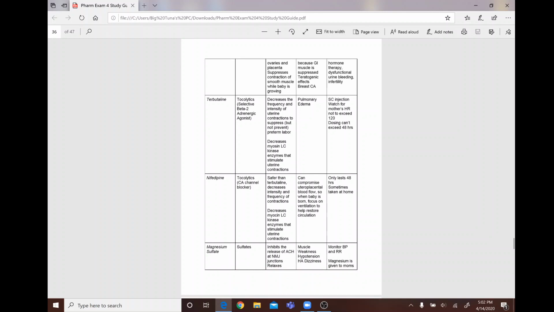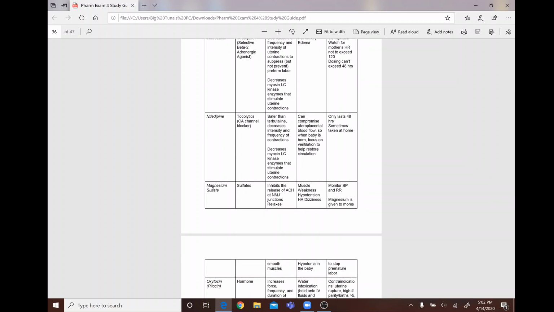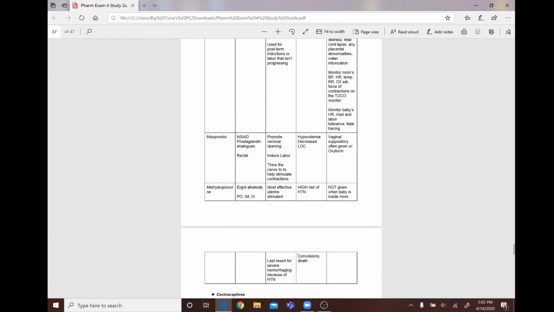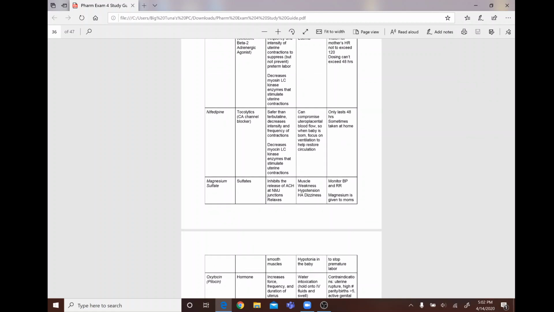Nifedipine is what type of drug class? Tocolytic, a calcium channel blocker. What is the action of nifedipine? Safer than terbutaline, it decreases intensity and frequency of contractions, and decreases myosin LC kinase enzymes that stimulate uterine contractions.